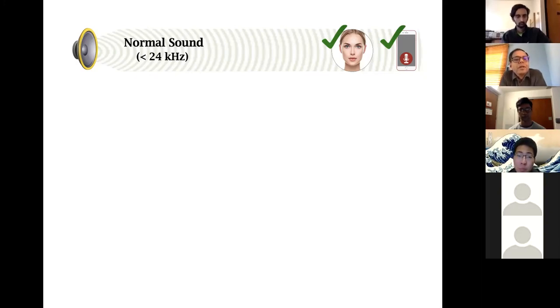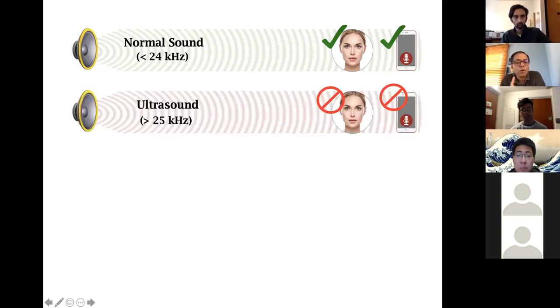Okay. So we know that normal sound is less than 24 kilohertz. We all know that. And that normal sound is audible to humans and audible to all microphones. This is what normal sounds are. We also know that ultrasound are sounds that are greater than 25 kilohertz.